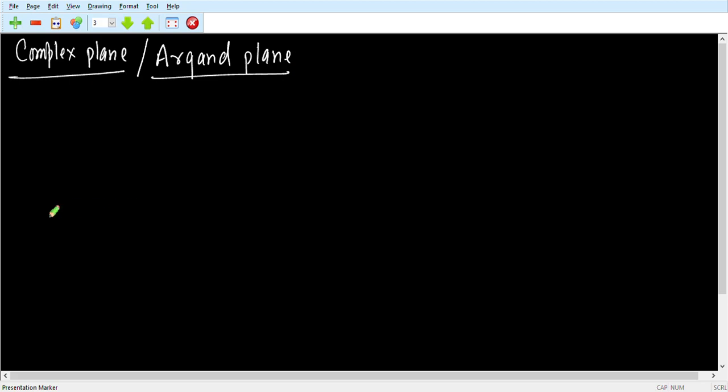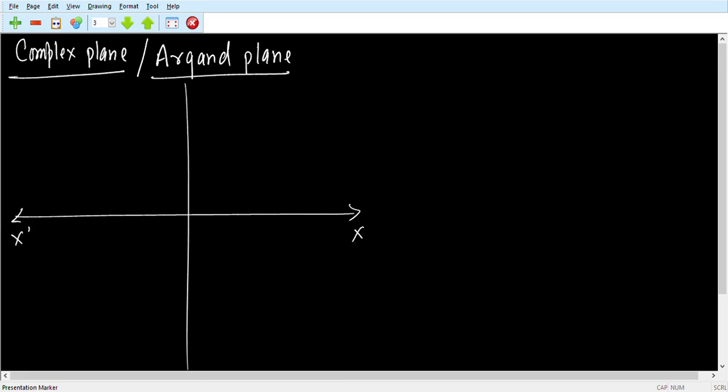Let us suppose this is the x-axis, x dash and x, and this is the y-axis, y and y dash, and this is the origin O. Then we can represent a complex number x plus y iota by a point P, which can be written as the ordered pair x comma y.